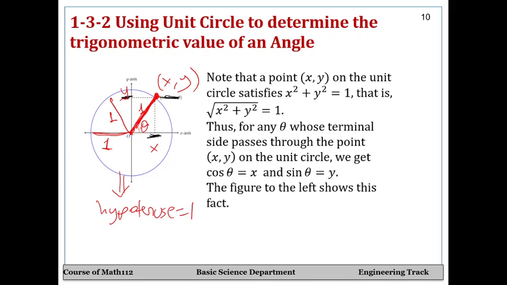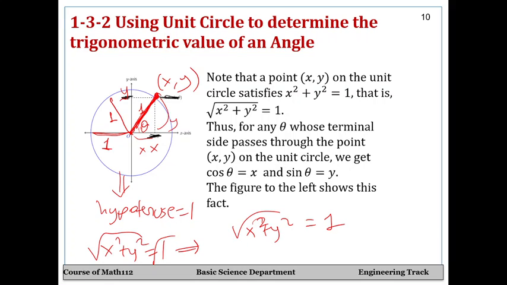With this being x and this being y, x squared plus y squared should equal 1. This is the unit circle equation. Taking the square root of both sides, the square root of x squared plus y squared is equal to 1 if (x, y) is on the unit circle.